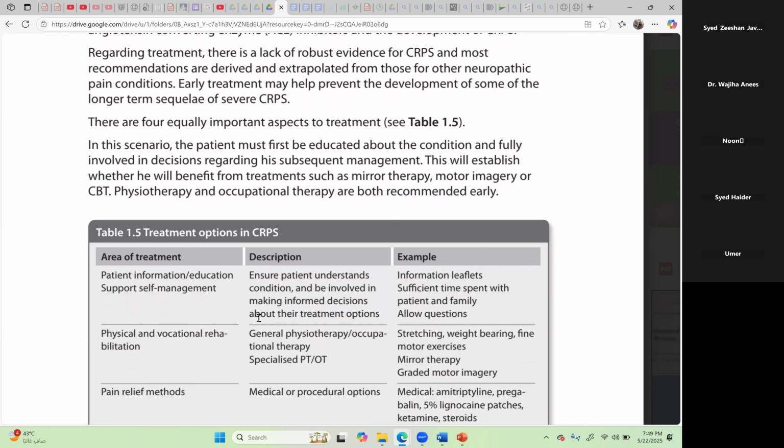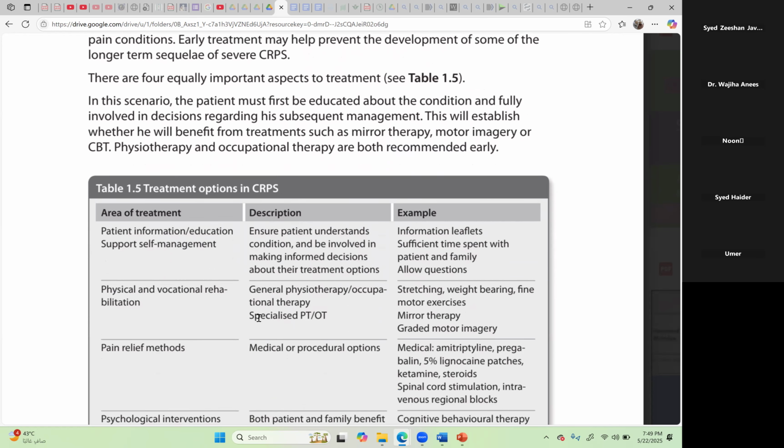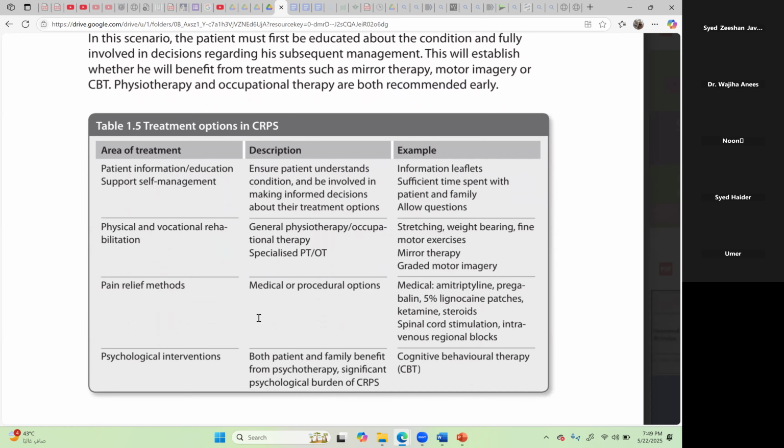In this scenario, the patient must be educated about the condition and fully involved in decisions regarding his subsequent management. This will establish whether he will benefit from treatment such as mirror therapy, motor imagery, or CBT. Physiotherapy and occupational therapy are both recommended early. Ensure the patient understands the condition and is involved in making informed decisions about treatment, with information leaflets and sufficient time spent with patient and family. Then physical and vocational rehabilitation: physiotherapy, stretching, weight bearing, fine motor.